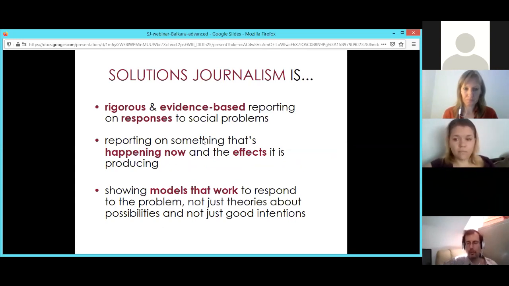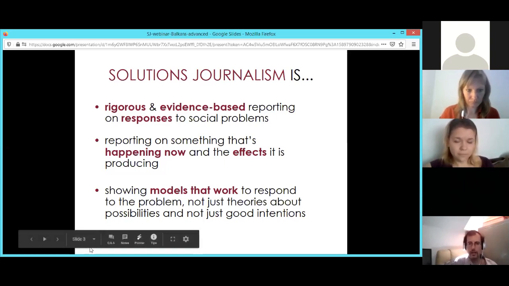There is always in solutions journalism some kind of measurement of the impact, often using data. Reporting about what's happening now and the effects it's producing. So very much focused on impact and what's happening already now, even if it's preliminary, there are some kind of results. And obviously the effects it is producing, that's the impact that you always want to tell your reader.